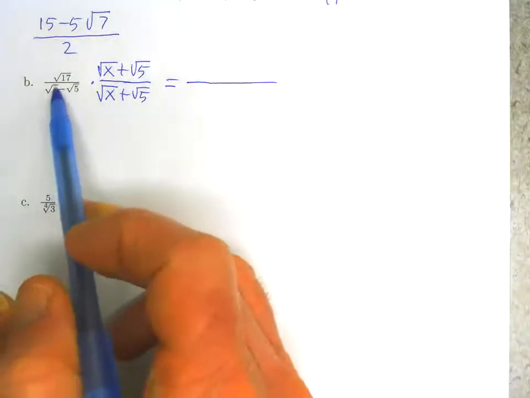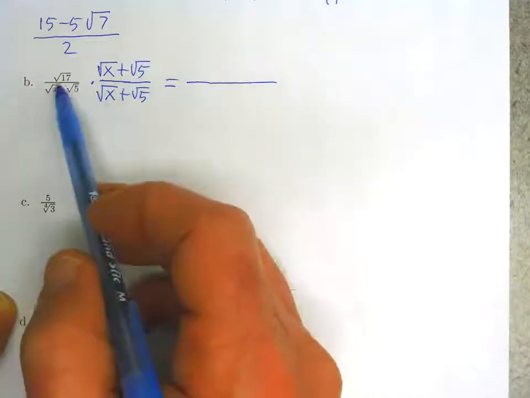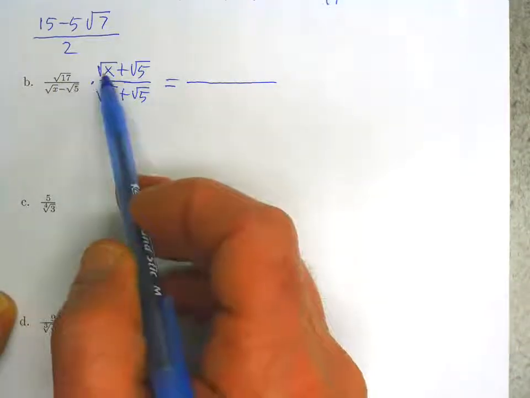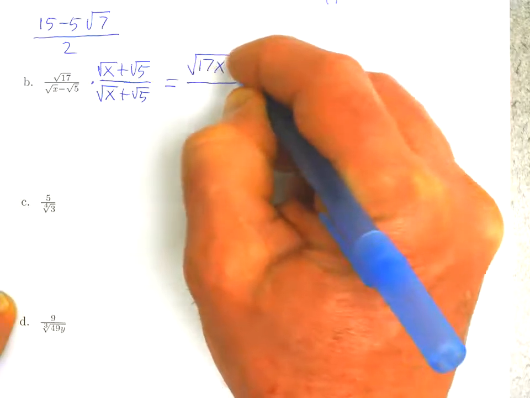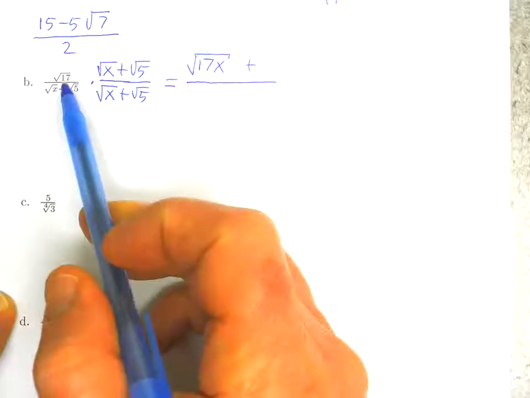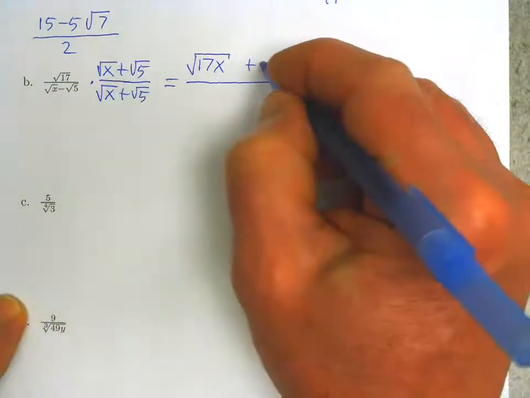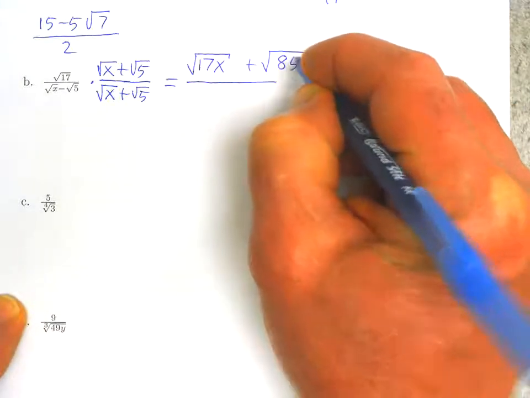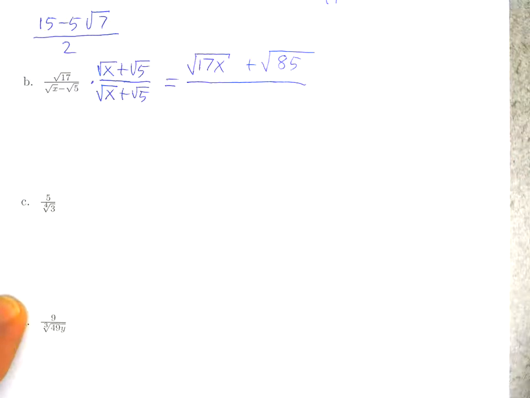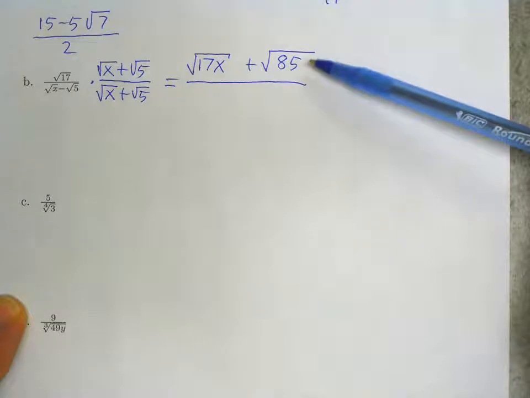Okay, in the numerator, the square root of 17 times the quantity square root of x plus the square root of 5. The square root of 17 times the square root of x, we just write that as the square root of 17x. And then plus the square root of 17 times the square root of 5. That's the square root of 17 times 5, which is just the square root of 85. And note that the square root of 85 cannot be simplified further than that.